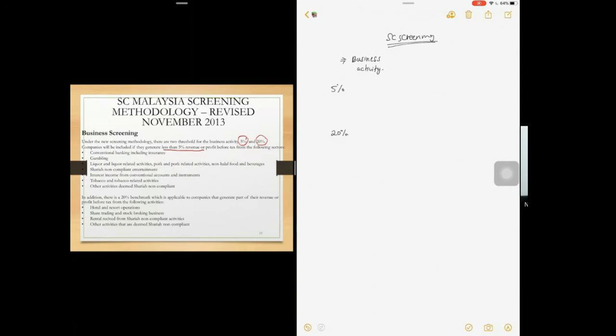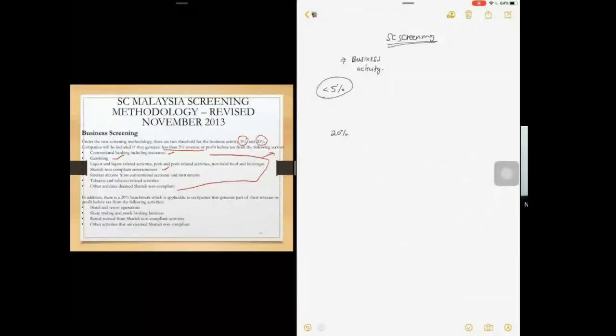So untuk business income-nya less than 5%, dia punya income yang kita nak calculate less than 5% tu adalah business activity yang buat conventional bank yang include insurance, gambling, non-compliance entertainment. So this is business activity yang akan calculate based on 5%.